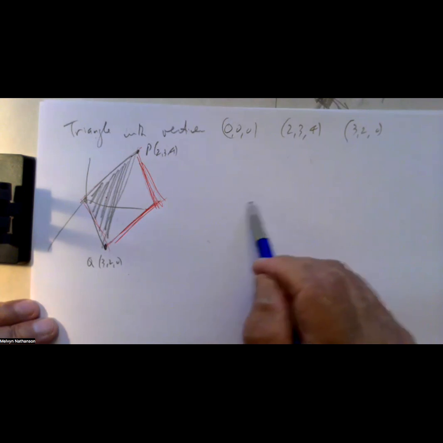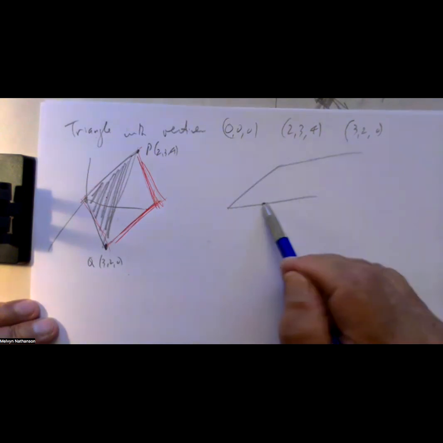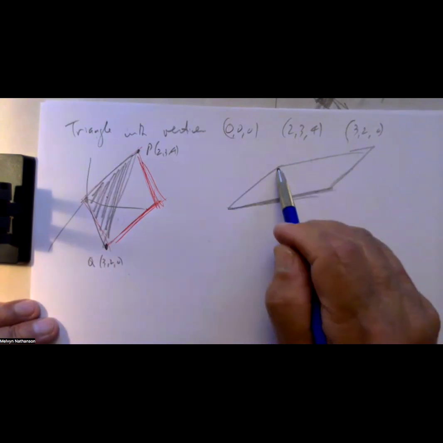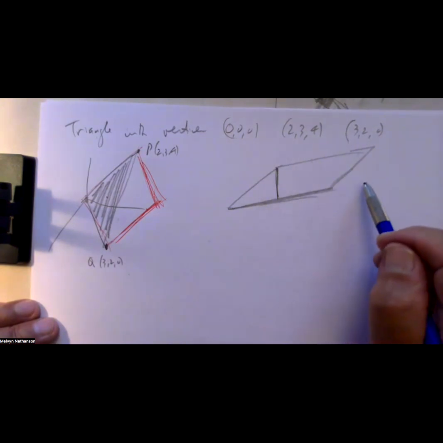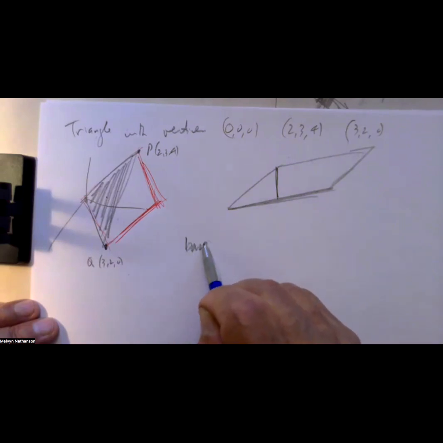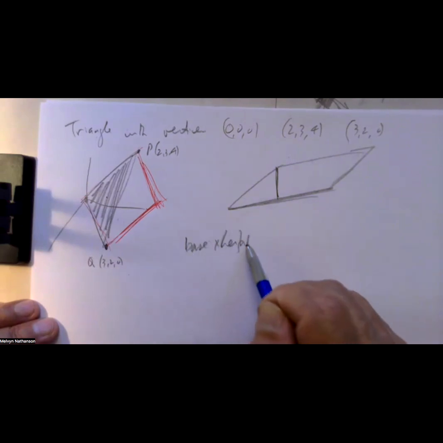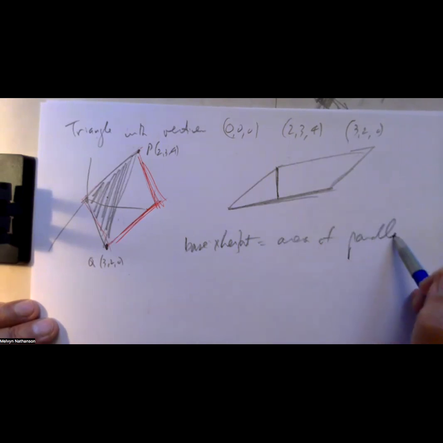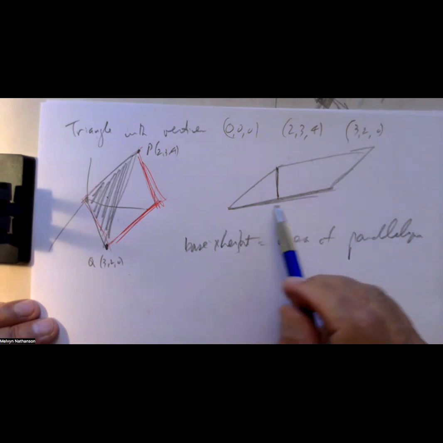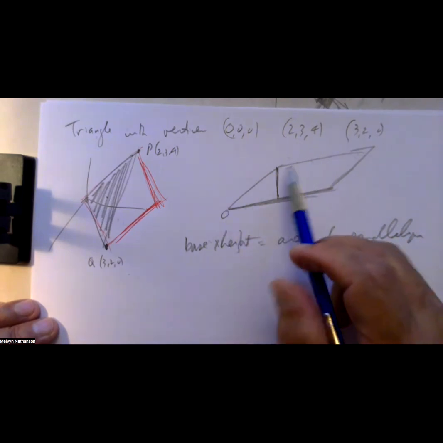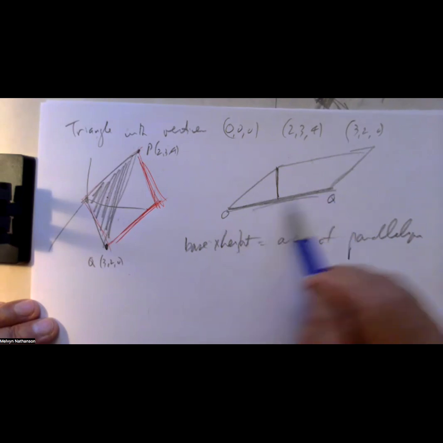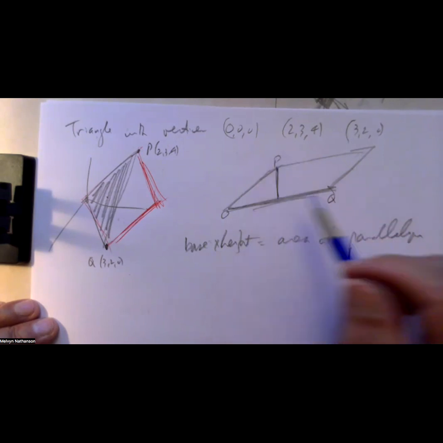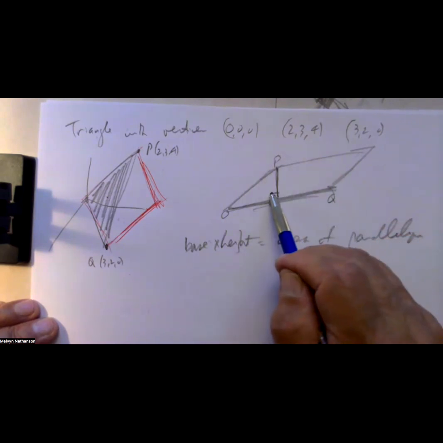And what can you say about the area of a parallelogram? Well, the area of a parallelogram is the base times the height. So if this is, for example, the vector OQ, and this is the vector OP, what is the height?